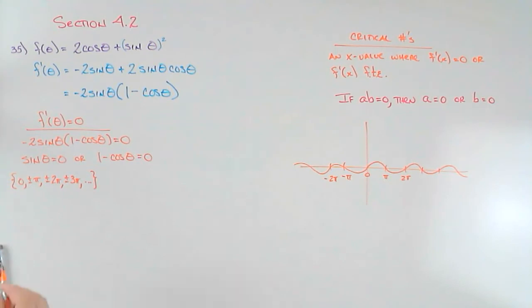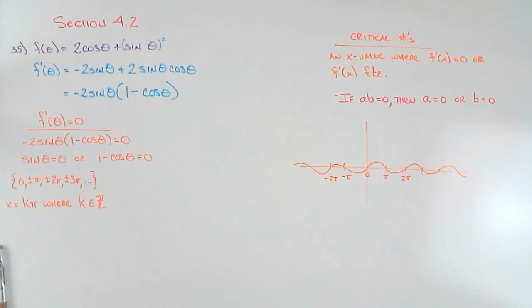A better way to say this would be that we're going to get k pi, where k is an integer. That's a better way of expressing this type of set.